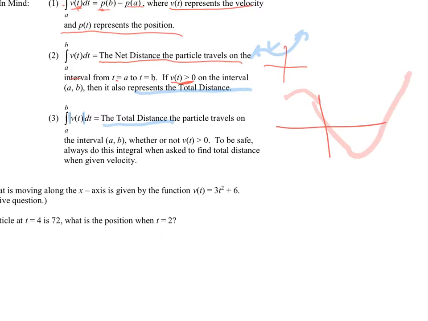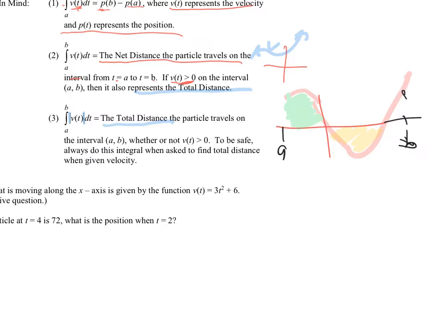Then what happens is you have distance being accumulated that's positive as I go from A to B. You've got your positive distance there. And what happens here, bounded by the x-axis, that's negative distance.